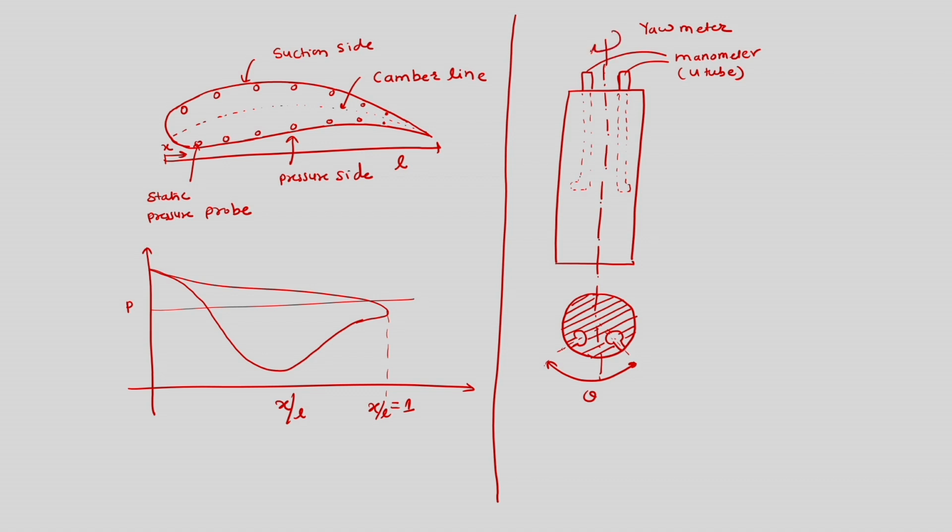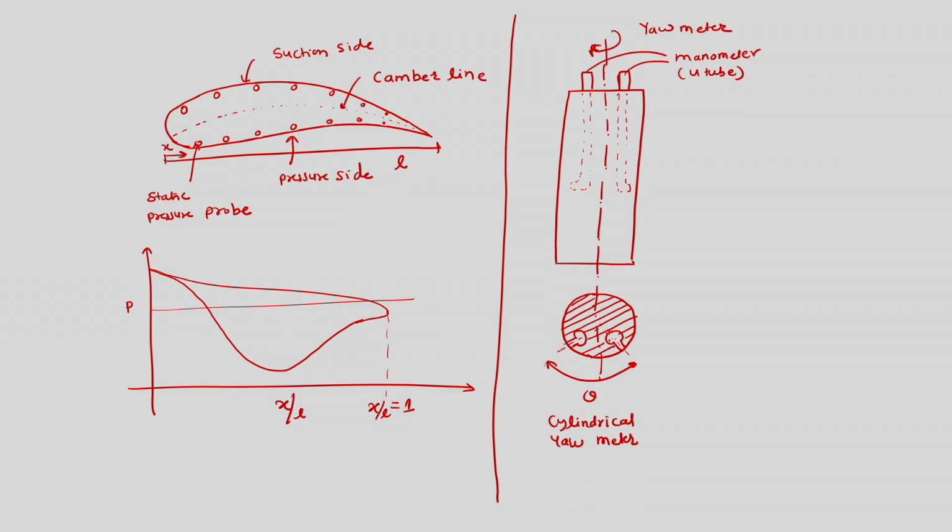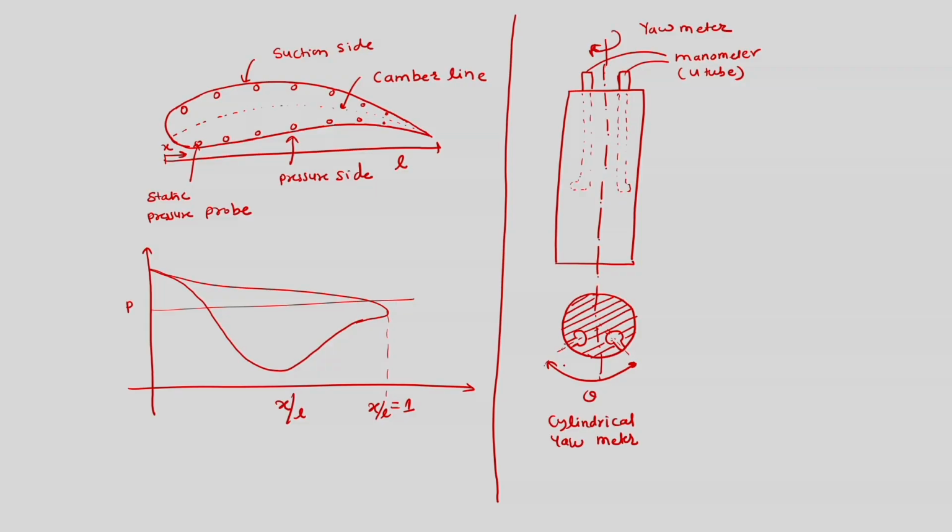Here this yaw-meter is called a cylindrical yaw-meter, and this cylindrical yaw-meter would be rotated such that there will be balance of the pressure measured by the two static probes. Once they measure the same pressure, then the bisection of this angle would be felt as the angle of the velocity vector.